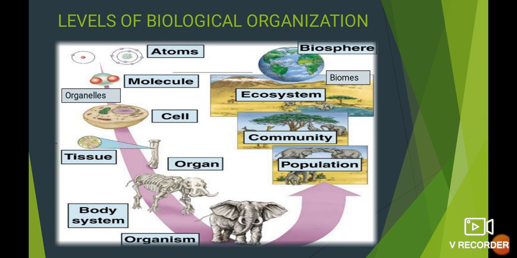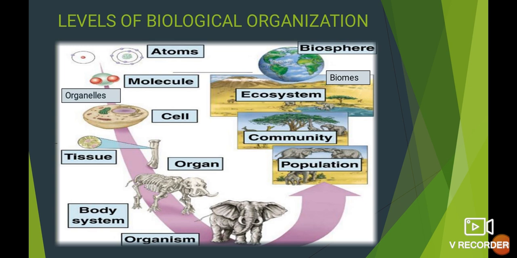Now, ecosystems can be of different types. When we refer to the climates and the geographical area, those are what we call biomes. Examples of biomes are grasslands, tropical rainforests, and savanna.